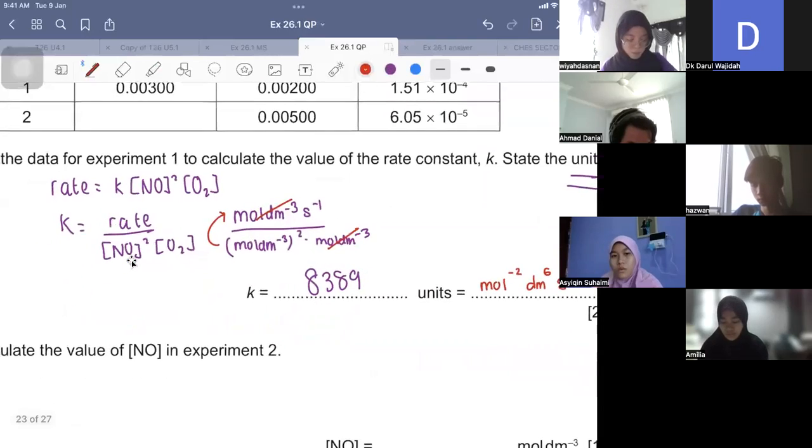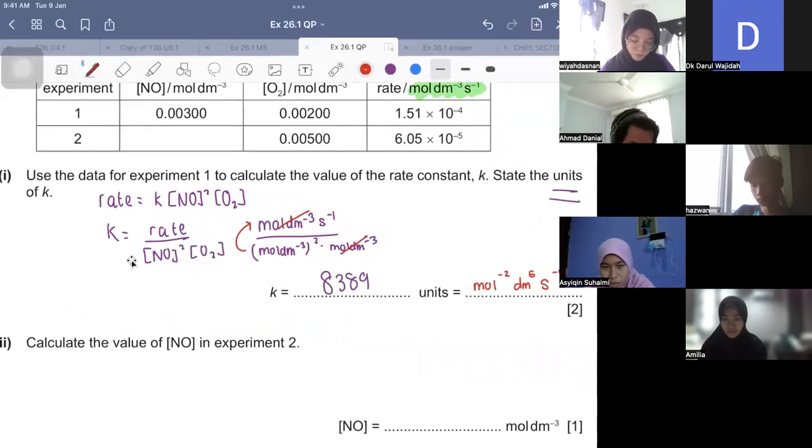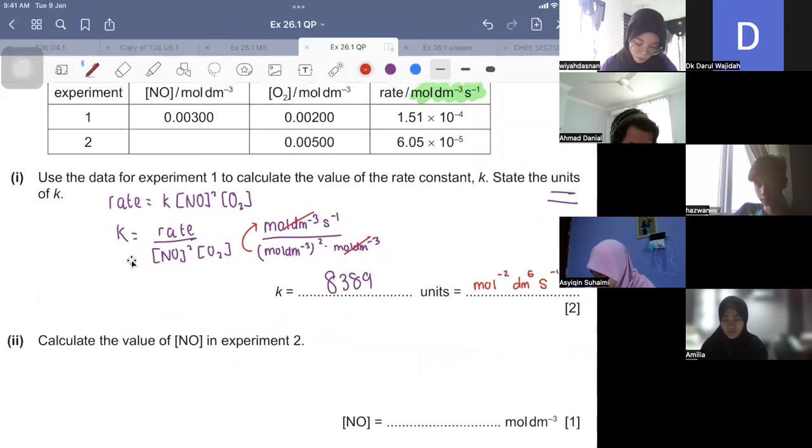Okay. Calculate the value of NO in experiment 2. So there's a missing information there. You will use the same rate equation.